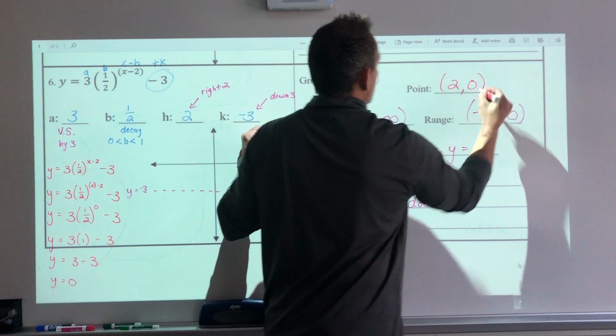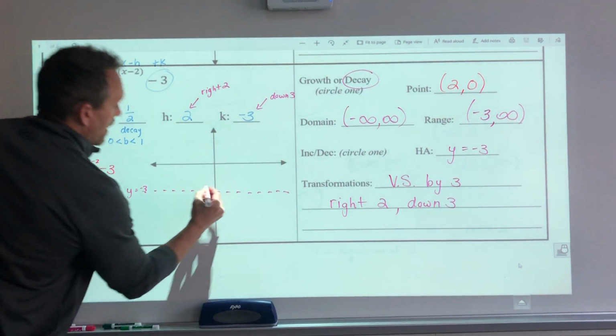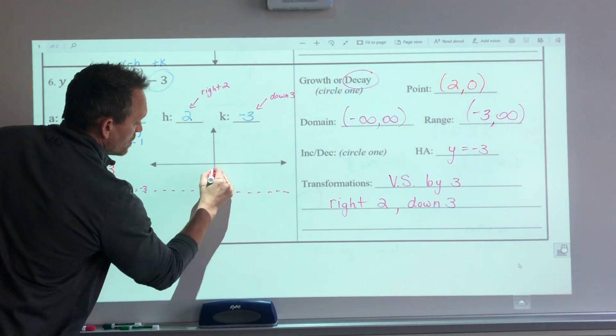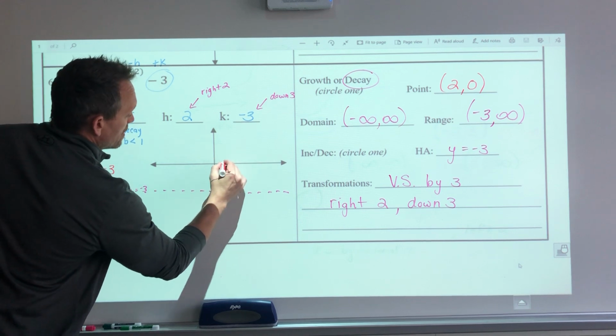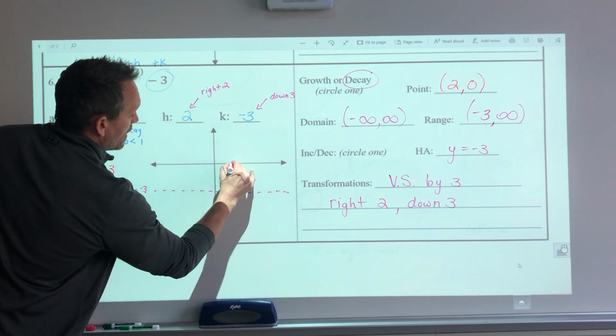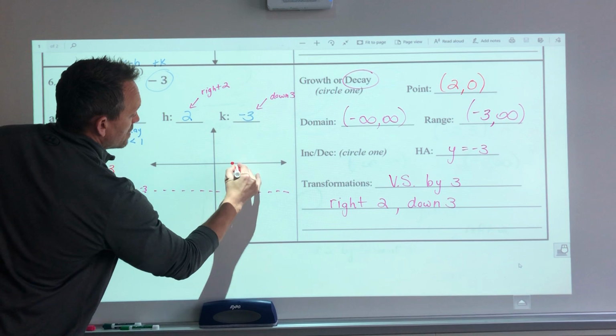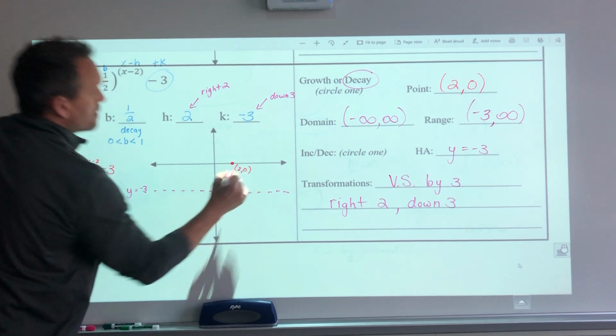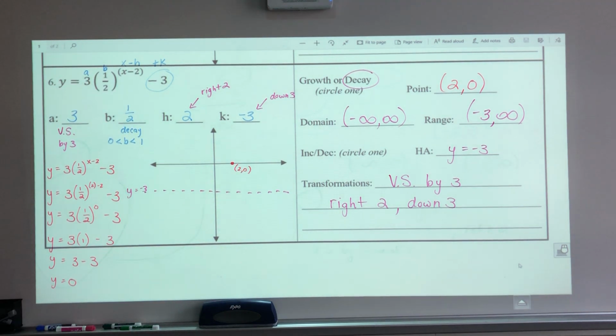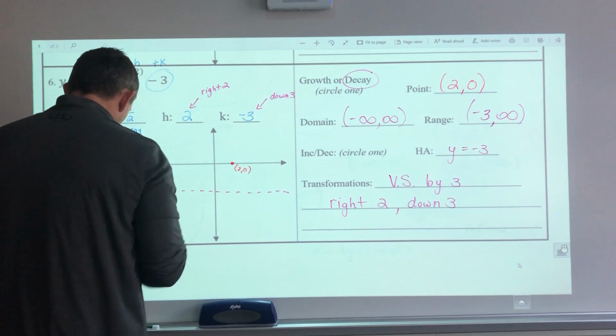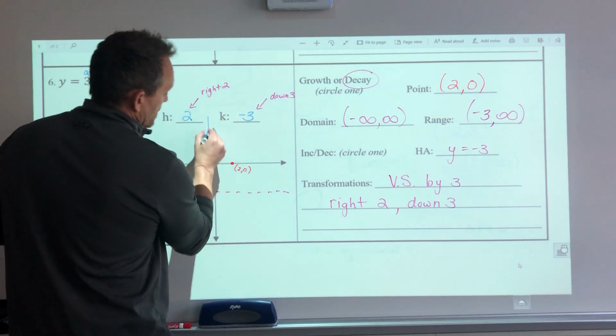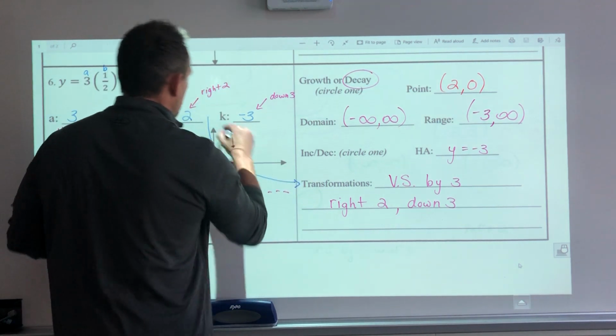So when my x is 2, my y is 0. And there's your baseline point. It is a decay function. Decay meaning it's going to be going from left to right. So at the end of the day, this thing is going to look like this.